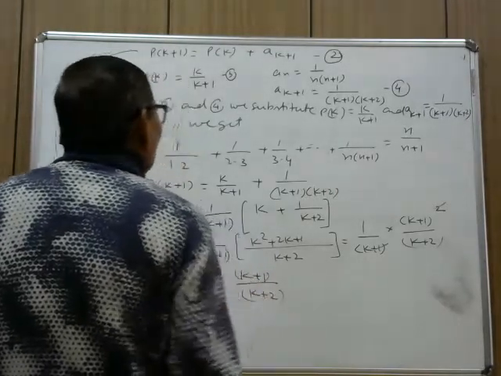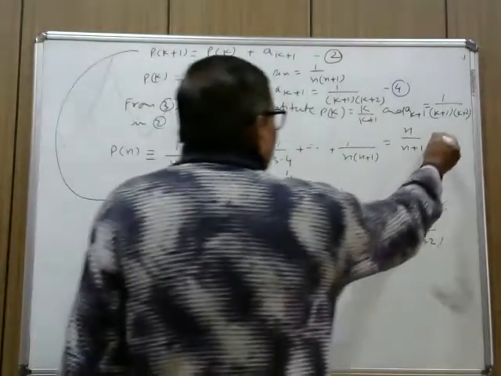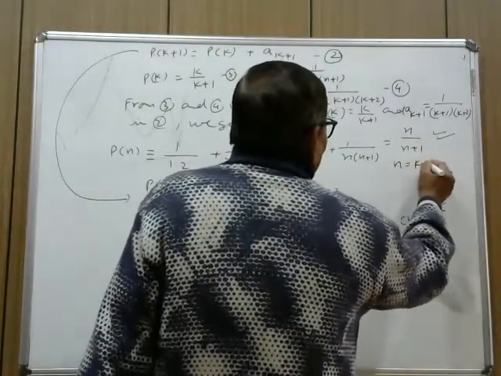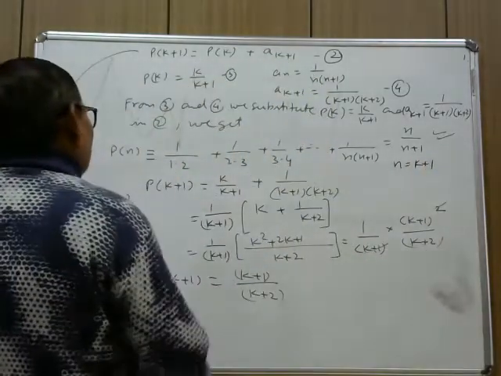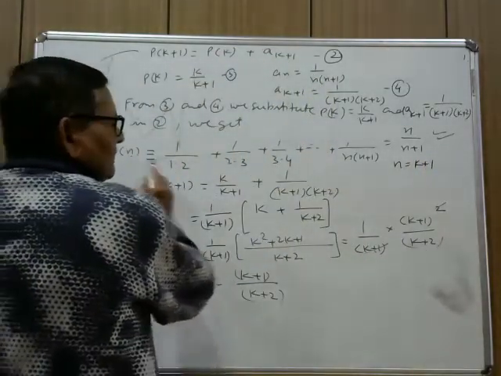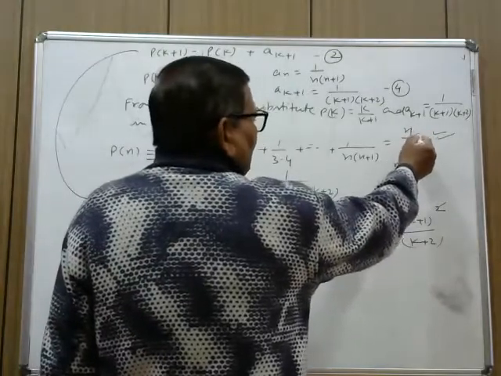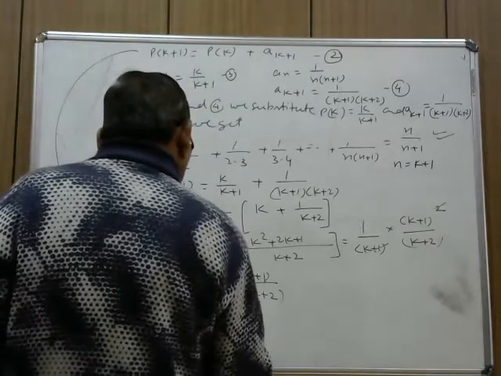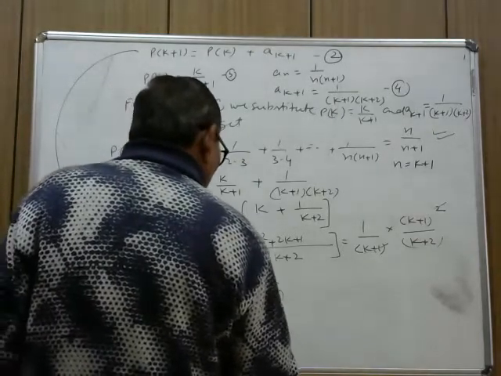Now you go back to Pn. This is your Pn. Now in this statement, when you take n equals to k plus 1, then what happens? Pk plus 1 equal to k plus 1 upon k plus 2. So you can say that which is true.